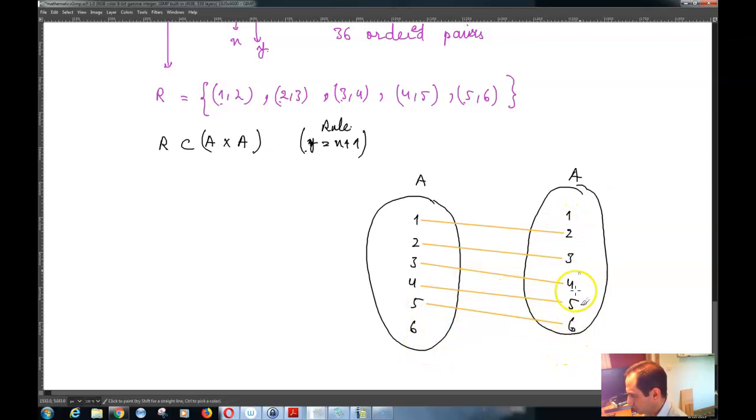All of these elements have been called y, and all of these elements have been called x. In each ordered pair, y is equal to x plus 1. So 1 plus 1 is 2, 2 plus 1 is 3, 3 plus 1 is 4, 4 plus 1 is 5, 5 plus 1 is 6. So this is the arrow diagram.